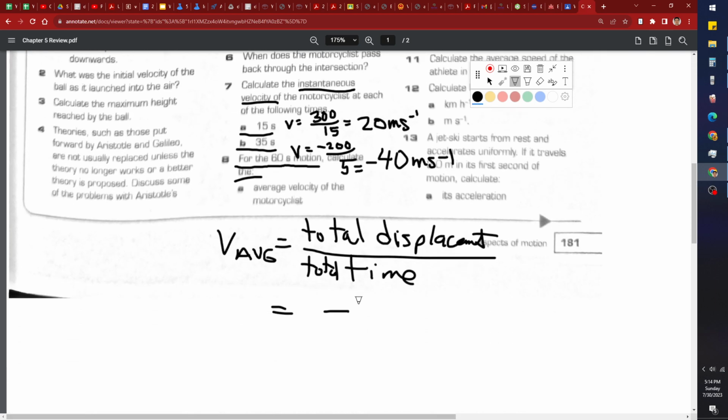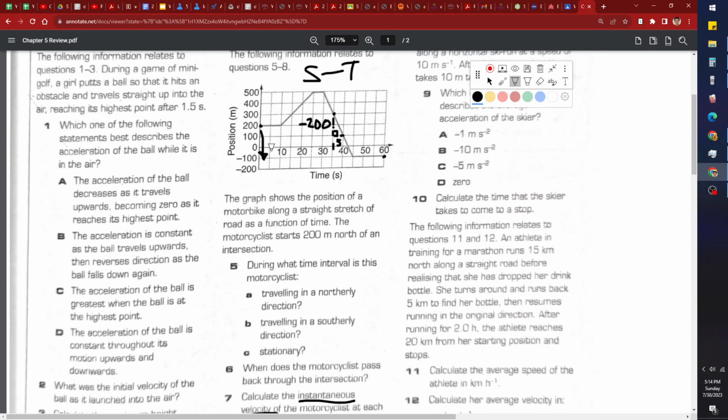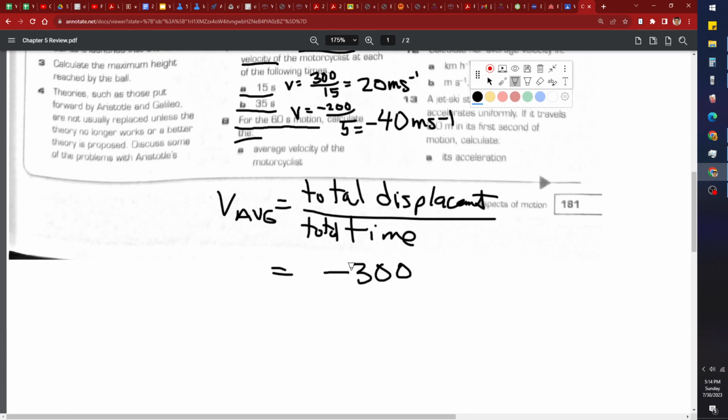It went from 200 to minus 100, so we went down 300 meters. It's negative because we went down. And that took 60 seconds. So our average velocity was negative 5 meters per second.